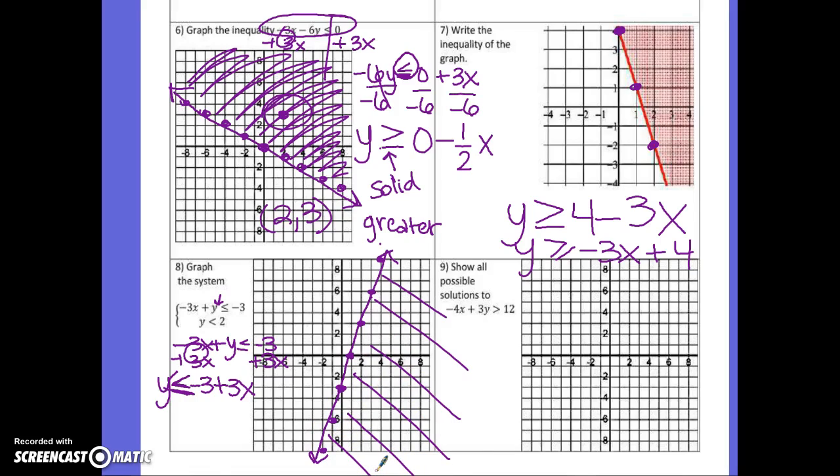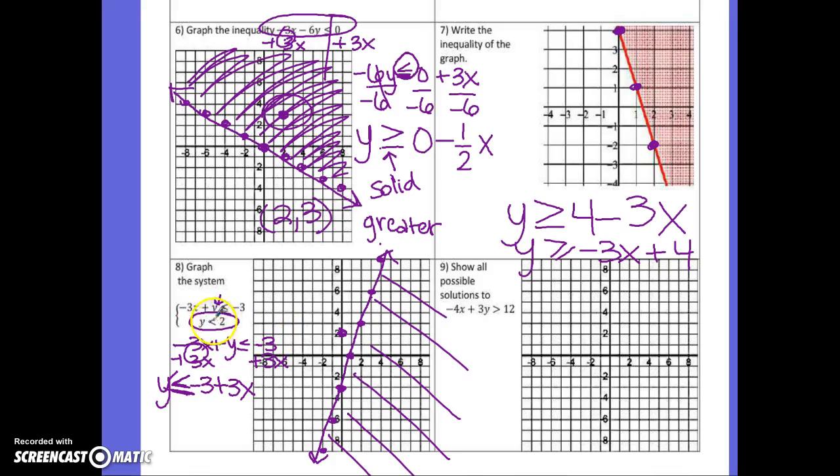And now we're going to graph the other one we got here. This is y is less than 2. So it's just a y. We're going to go to the 2 on the y-axis. And I need a line that only crosses over y. That's the one that goes straight across horizontal, so it crosses the y-axis.